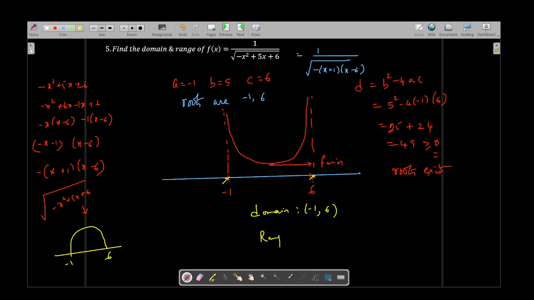How to find the range? Range is f minimum to infinity, because from here it goes all the way to infinity, and f minimum is included. How to find f minimum?